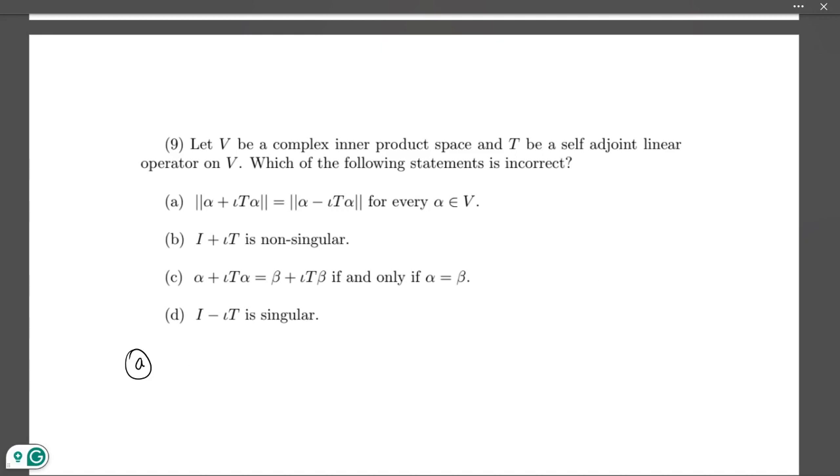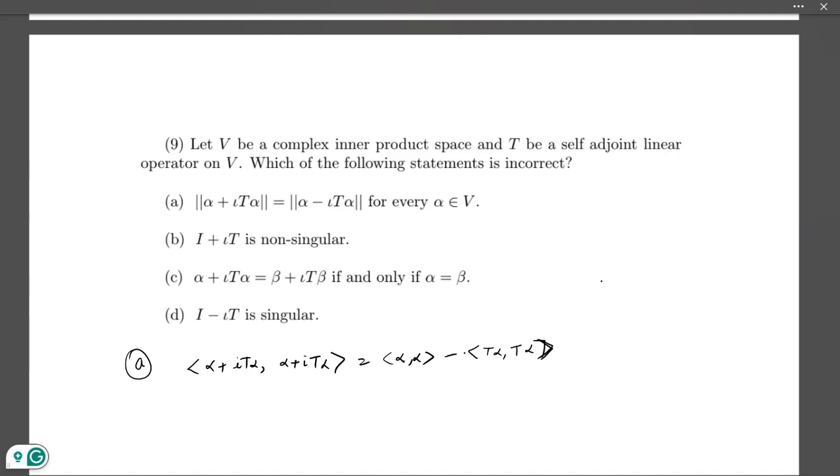How to check? Take square on both sides. Both are positive numbers. Then this is alpha plus iT alpha, alpha plus iT alpha. Just look into this. It will become alpha alpha minus T alpha T alpha.